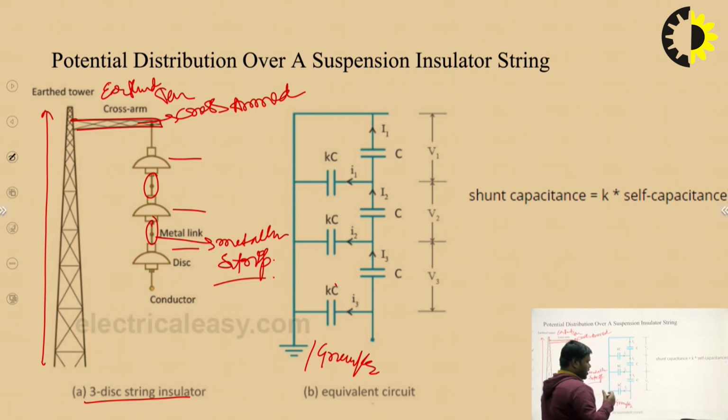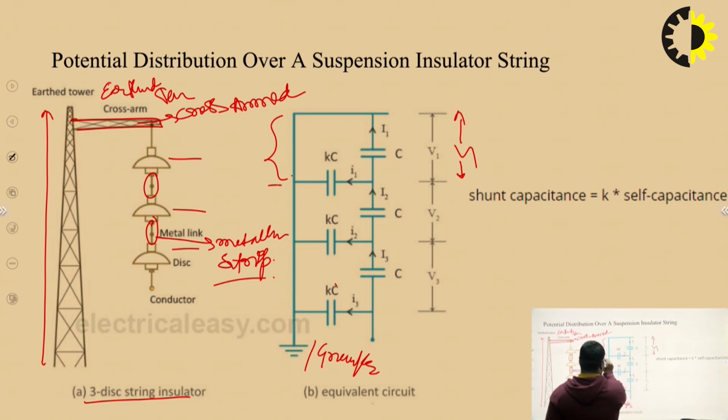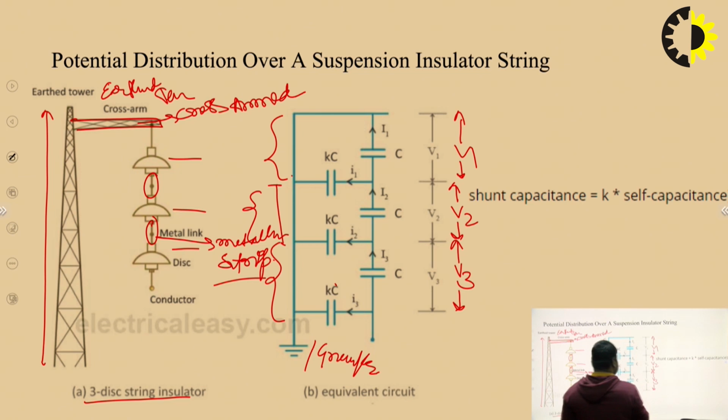The potential across the first arm, the first level, is V1, for the second it is V2, and for the third it is V3, and the capacitors are placed in the branches in this way.